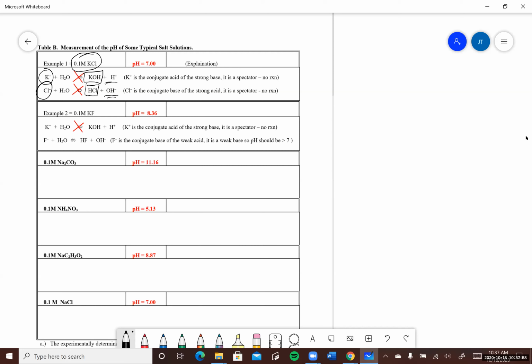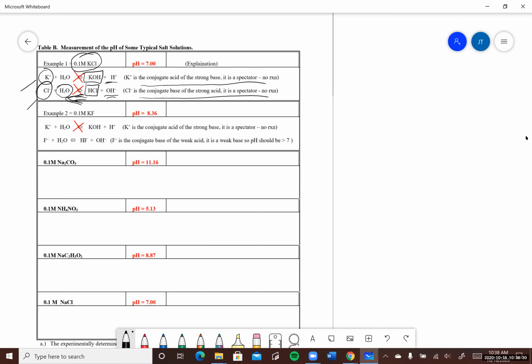So there's no equilibrium. In fact, this reaction lies way to the left, so far to the left that these ions, K plus and Cl minus, are considered spectators. They're way, way too weak to react with water enough to change the pH because they're the conjugates of strongs, and the conjugates of strongs are so weak they're spectators. And so that's what we state.